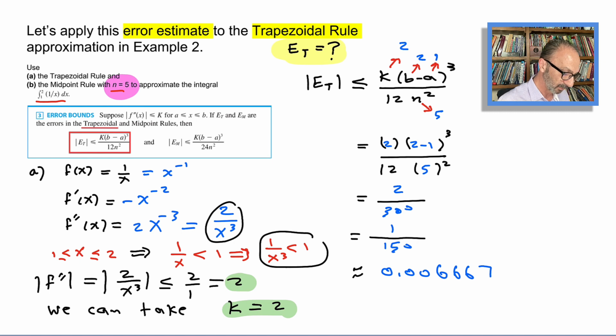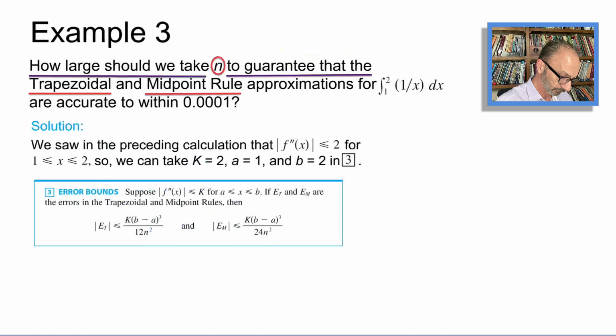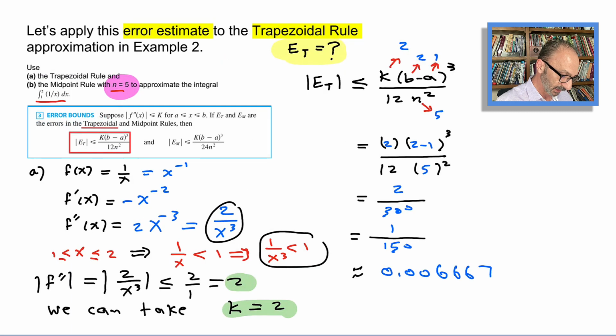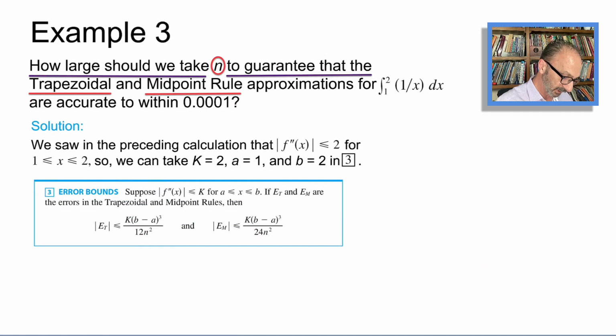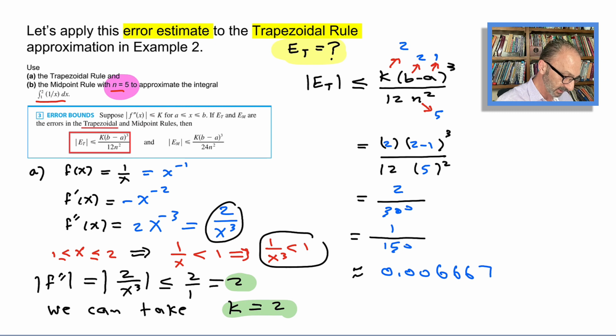Now we're going to go to part B. Actually, let's see if we're going to do part B. No, I skipped that because it's pretty much the same thing, except what's the main difference? The main difference, if you remember, I talked about it earlier: instead of 12, you're going to deal with 24.